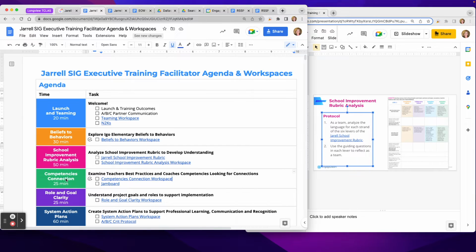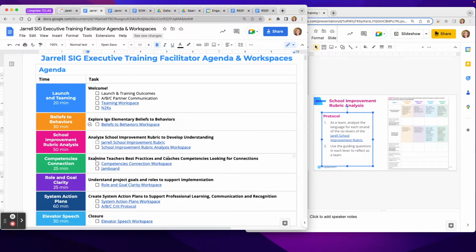The next thing they'll go through is an activity that will help them think about the connections across the various competencies that are being coached on their campus. Now, this is where it's good for you to know that the executives will have 5 coaching sessions, and they'll be coached on the school improvement rubric.